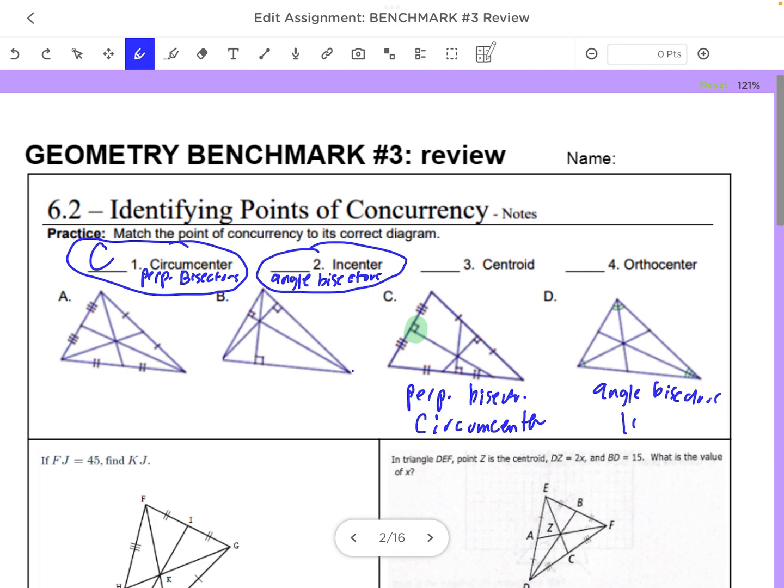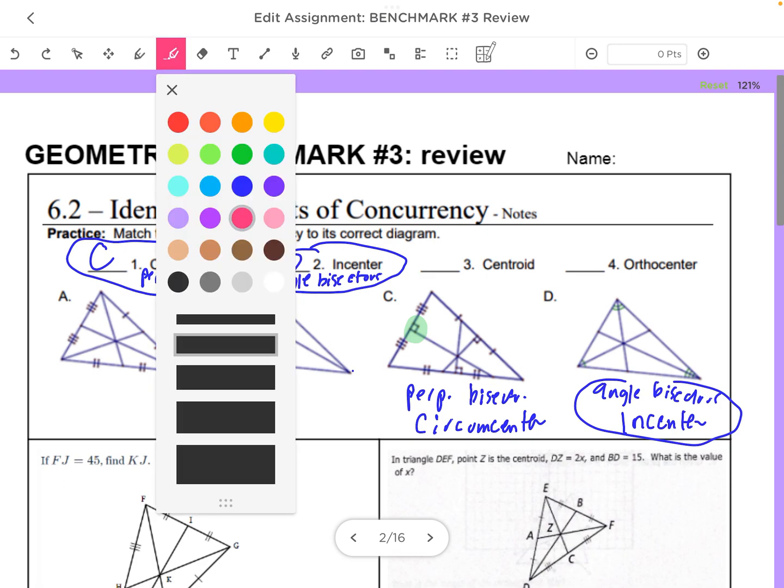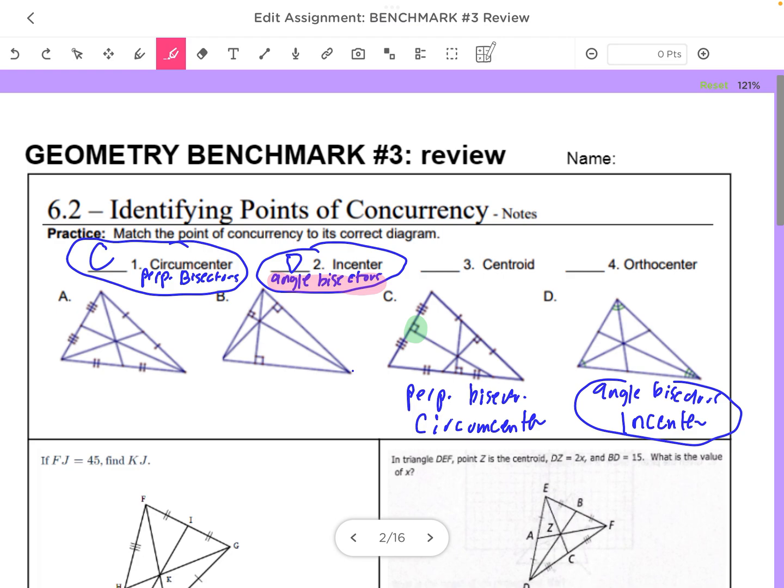So this is called an incenter. Now one thing to keep in mind is, I'm going to do this a special color, the angle bisector is the only one that has that. If you look at these, none of these other ones have angles that are bisected. So this is the only one. So keep that in mind for incenter. That's the only one with the angle bisector. So I'm just highlighting that a certain color so we know that one.